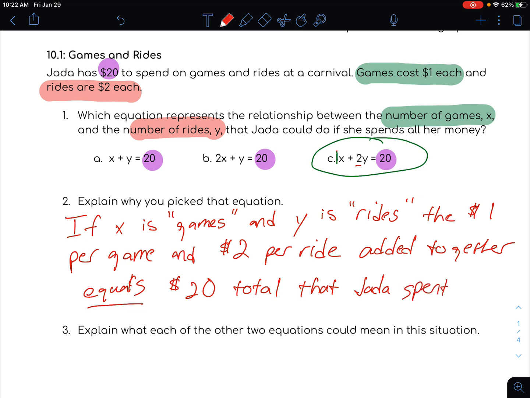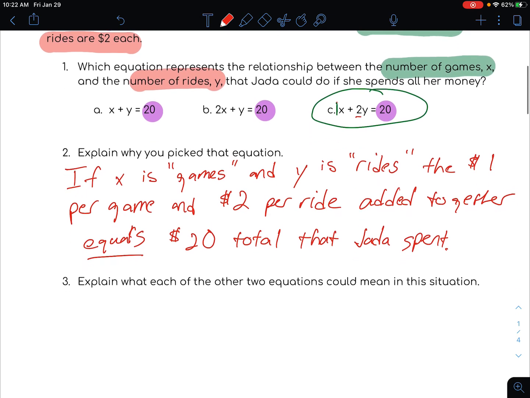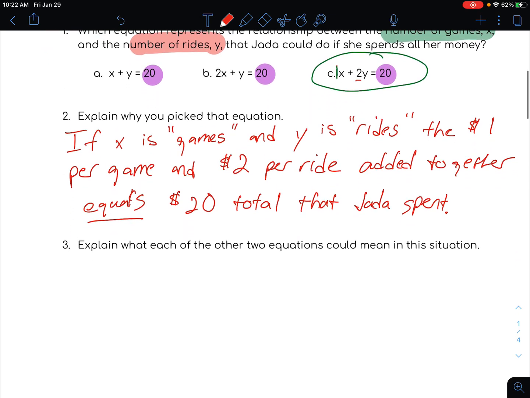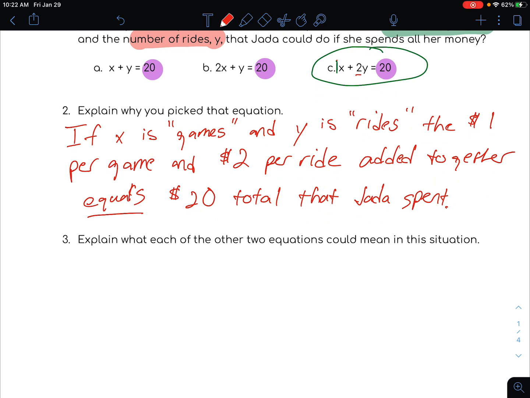So we know all of those had to add up to $20 if she was going to spend her entire amount. So the other two equations there could possibly represent some meaning in a situation.